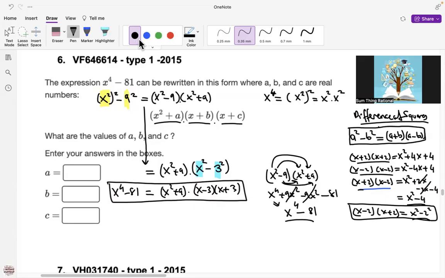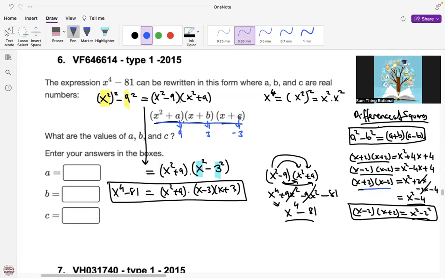So when I look at the original question, they asked for x squared plus a, x plus b, x plus c. So it is obvious that a is 9 here, okay? If I choose b as positive 3, then c I need to choose as negative 3, since there's a plus here, it doesn't have any effect.